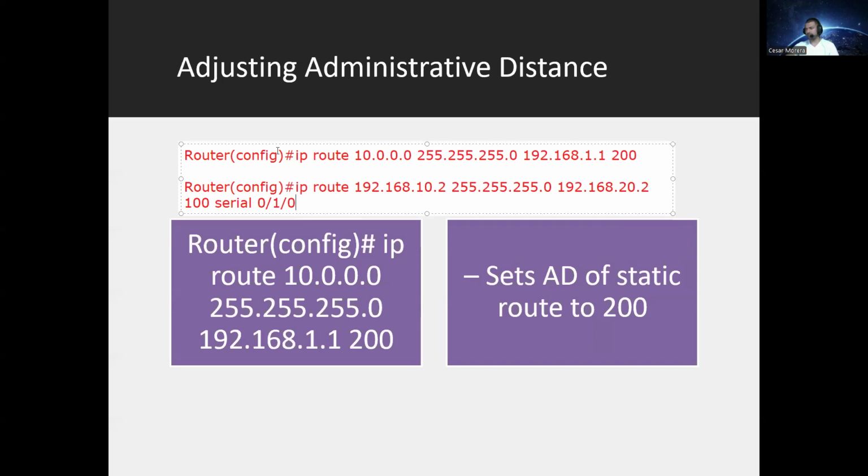Now, what I want to validate is whether the serial interface goes before or after the administrative distance. Let's just validate that. Give me just a moment to validate that.